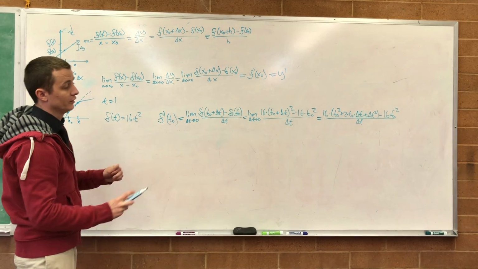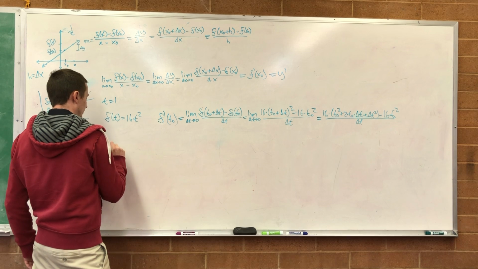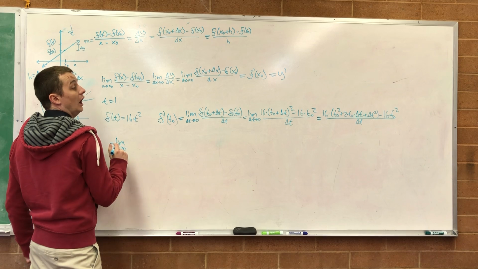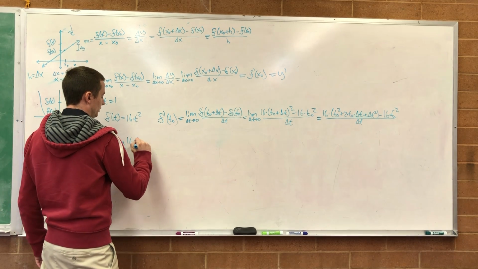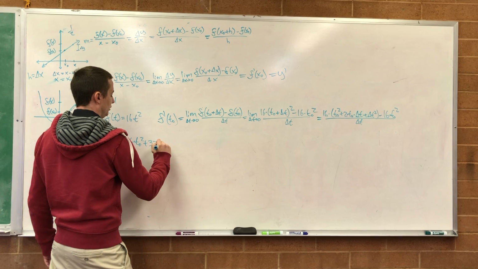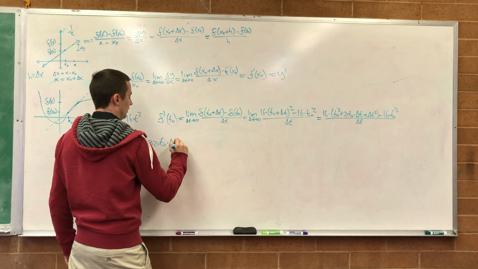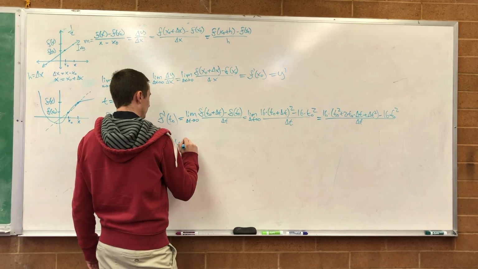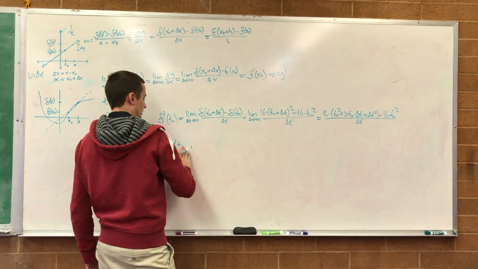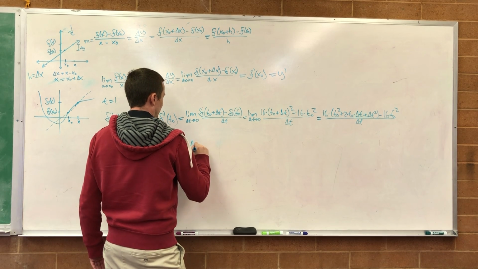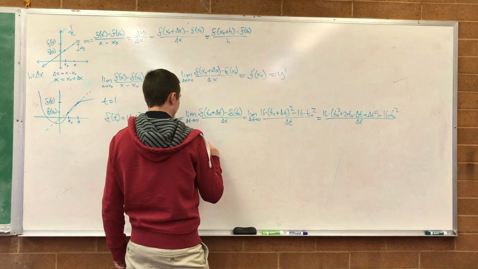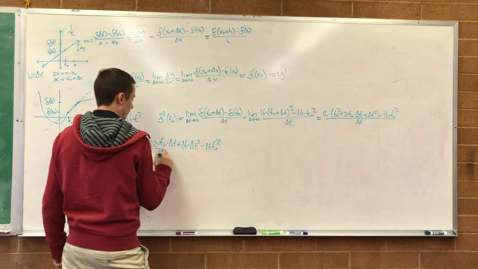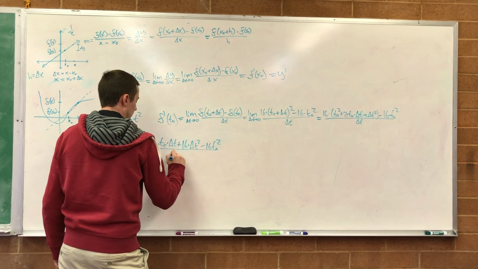Okay, so let's run the 16 through and then we'll distribute. So this is equal to the limit as delta t goes to 0 of 16 times t naught squared plus 32 times t naught times delta t plus 16 delta t squared, minus 16 t naught squared, all over delta t.